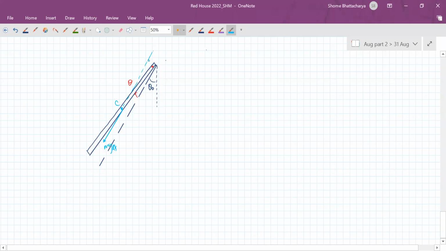So you can see that it will have a moment arm, which is L by 2 sine theta. So at, in fact, let's write this as delta theta.